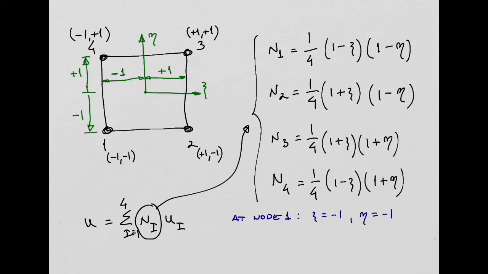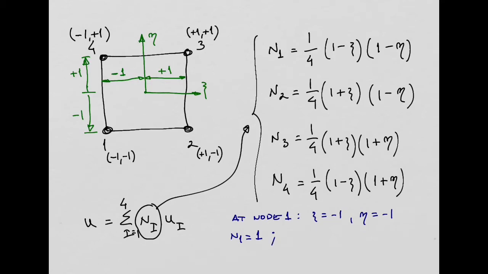So if you replace in these shape functions, you get N1 equal to, if you replace xi by minus 1, you will get 1 plus 1 makes 2. Same thing here, 1 plus 1 makes 2. So 2 times 2 is 4, 4 over 4 makes 1.